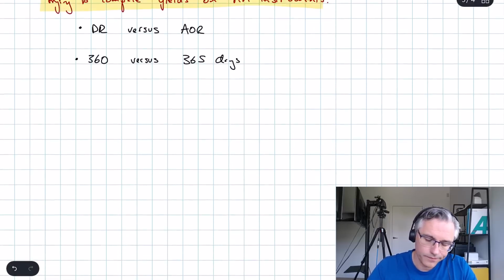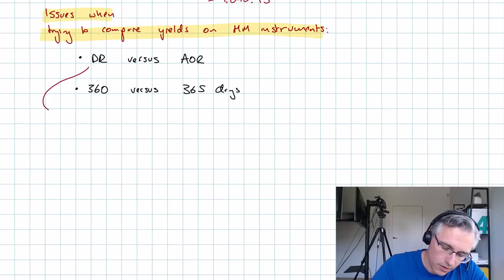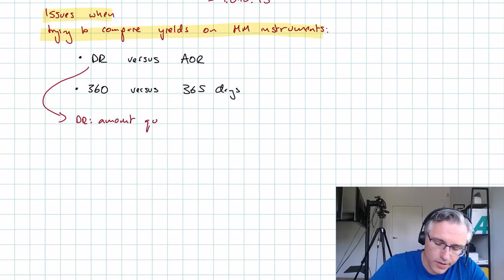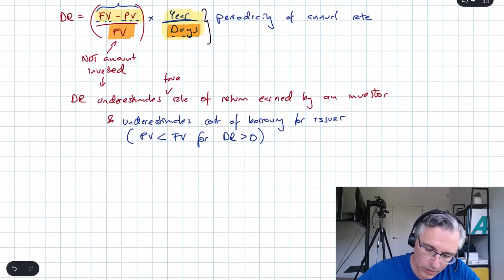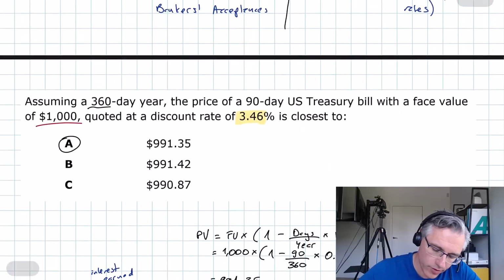So also coming with this, in the case of DR, the amount provided is typically the face value of the security, like we had with the US Treasury bill here.